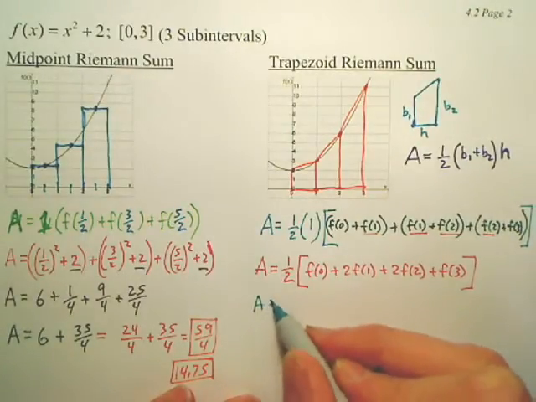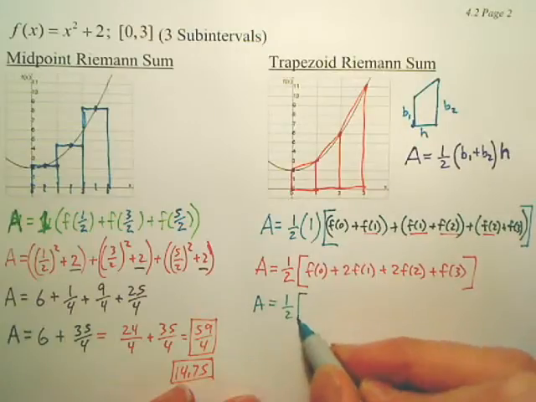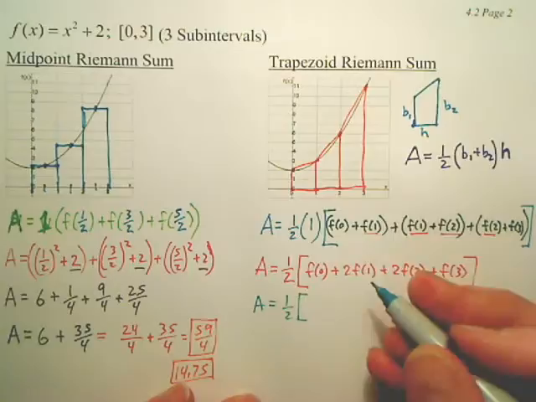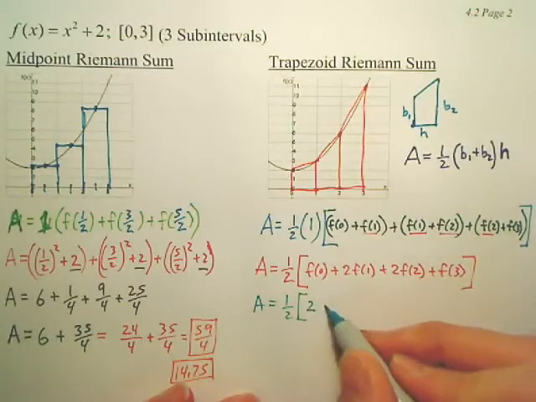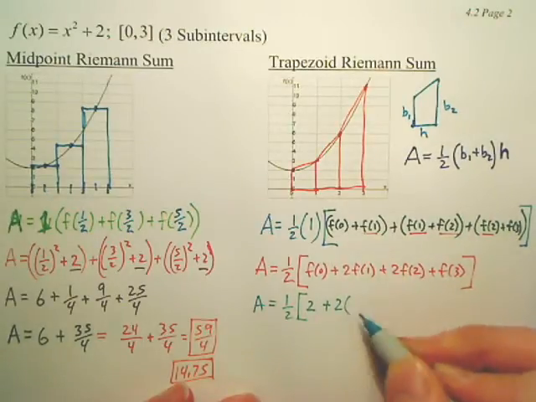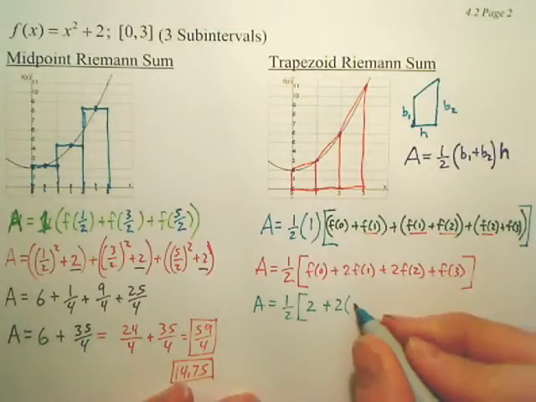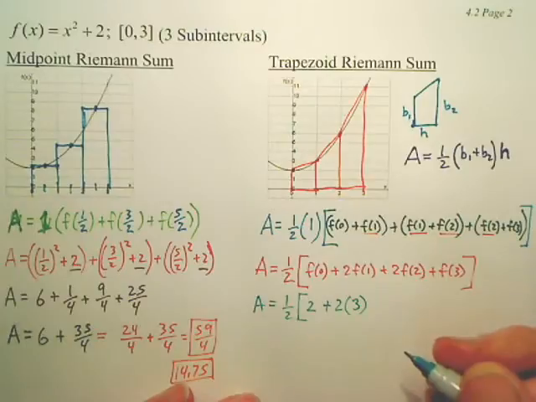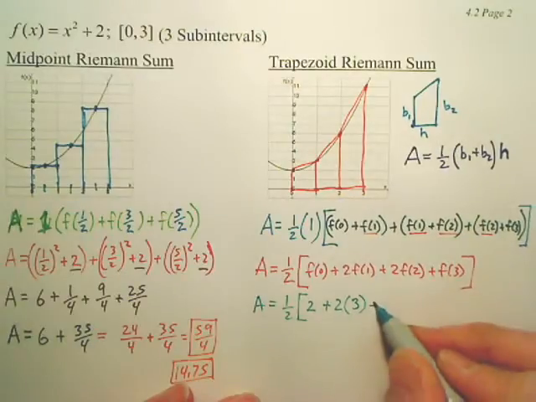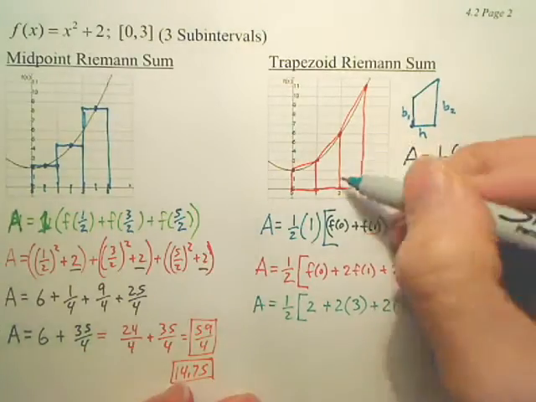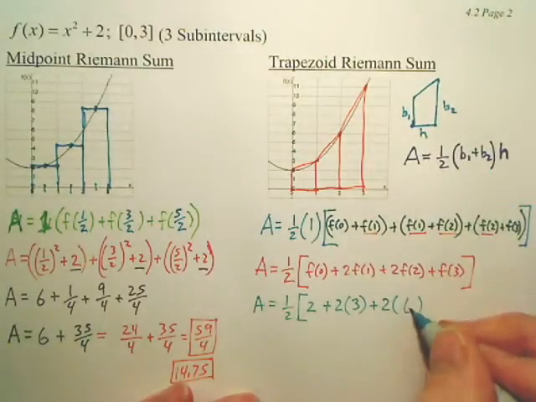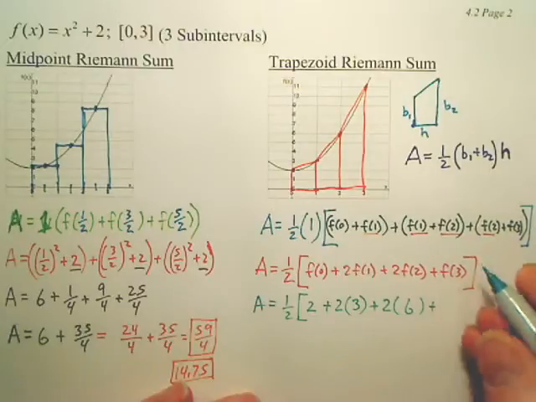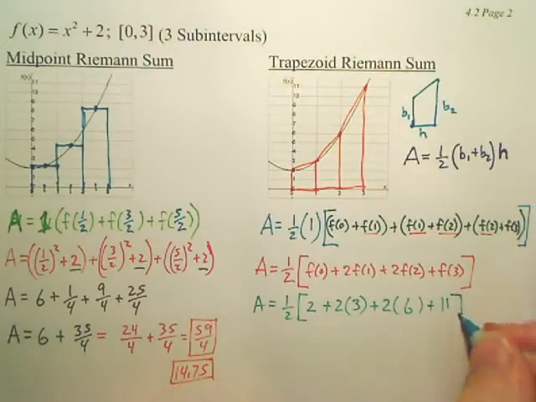Okay? So you have area 1/2. What is f of 0? Well, was that 2? By looking at the graph, you can see it on this one. So that's 2. What's f of 1? Was it 3? If you didn't have a nice graph, you'd be plugging it in right now. Plus, what's f of 2? 6. And then we have f of 3, which is 11.